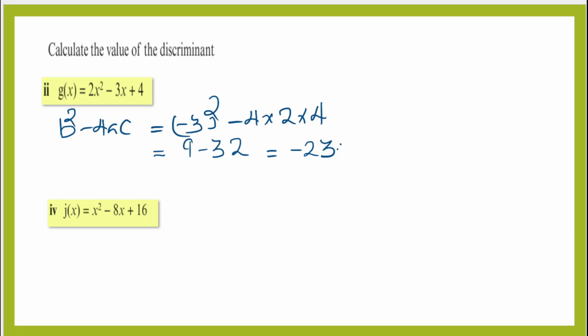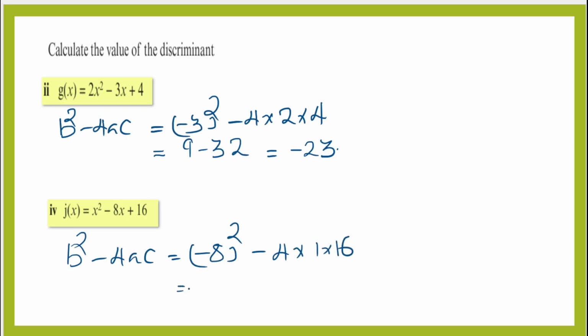Therefore, the equation has no real roots. Now j of x equal to x square minus 8x plus 16. Here b square minus 4ac equal to minus 8 squared minus 4 times 1 times 16. That is 64 minus 64 equal to 0. That is, the equation has one repeated root.